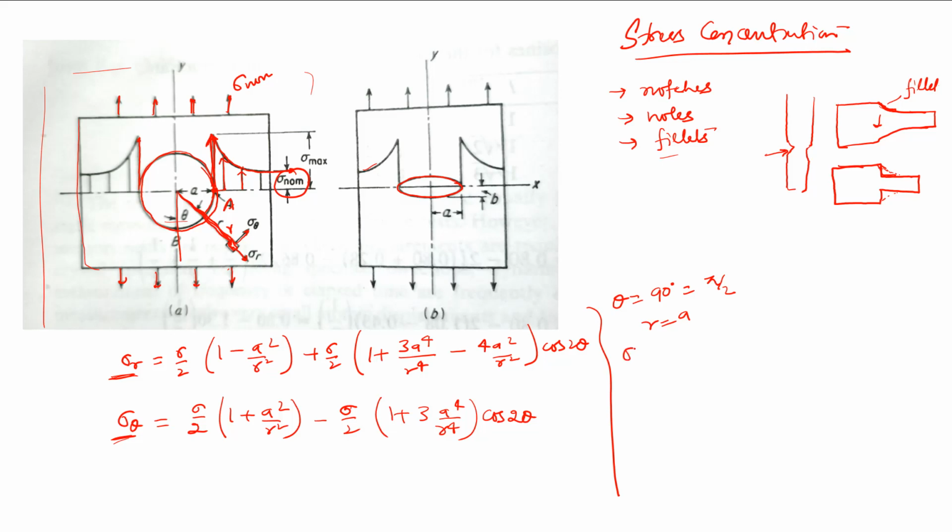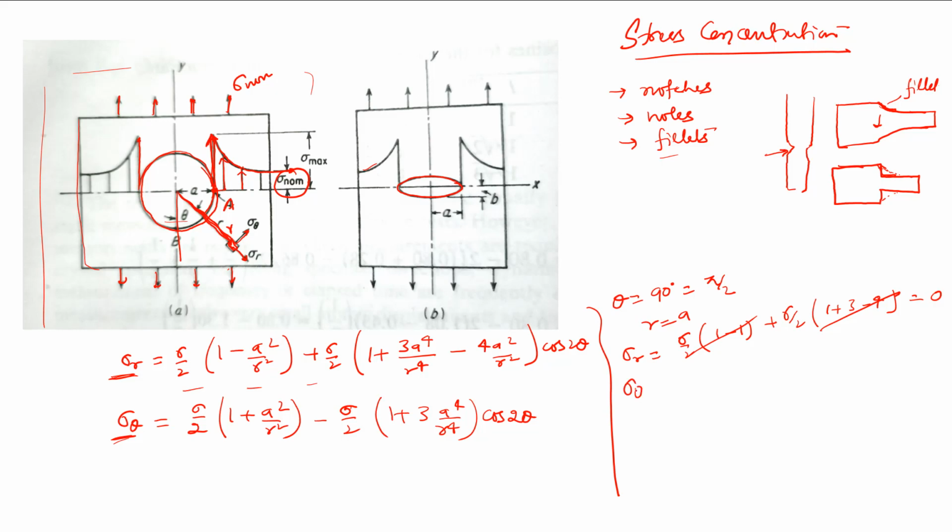Now suppose we find this sigma r, then we put the value of r equal to a, so a by r is 1. So it becomes sigma by 2 (1 minus 1) plus sigma by 2 (1 plus 3 minus 4). So this becomes nothing but equal to 0.